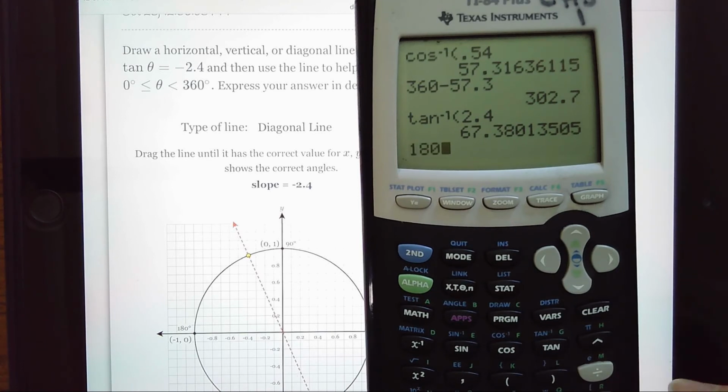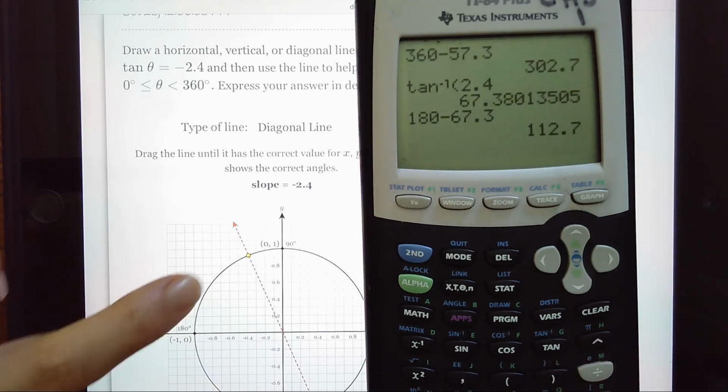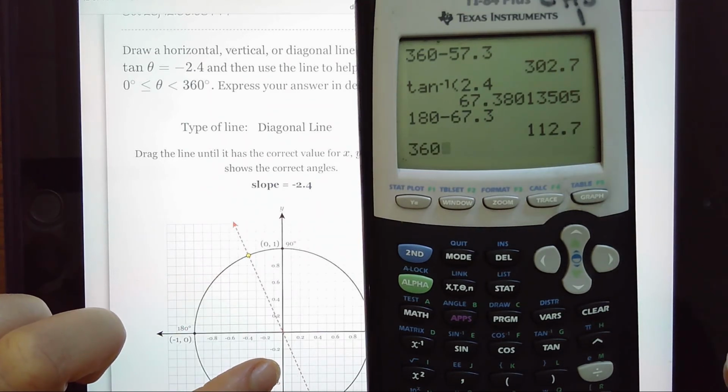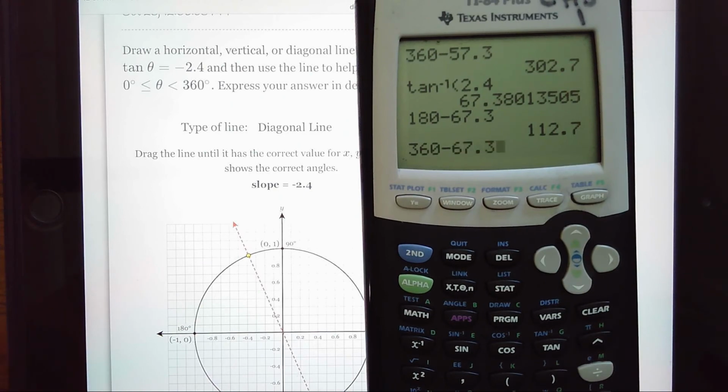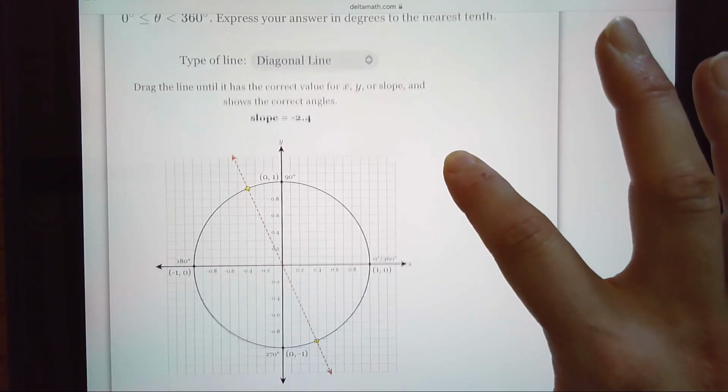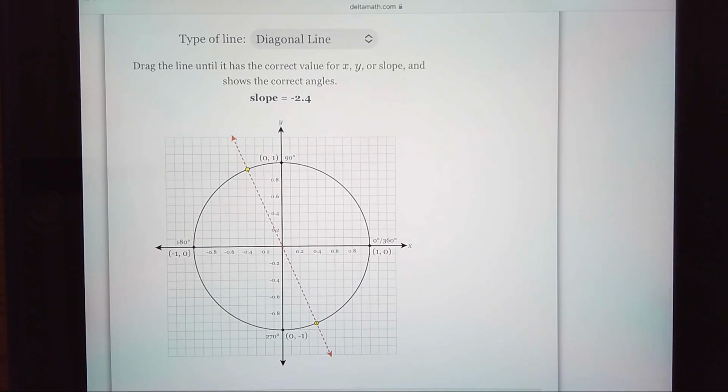So I would do 180 minus 67.3. This would be 112.7 degrees, and then I would do 360 minus 67.3 and get 292.7 would be this one. I won't type those in, but it's kind of fun to see where the angles are at visually on the unit circle.